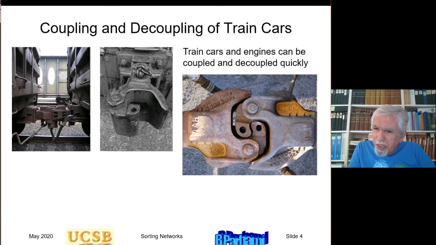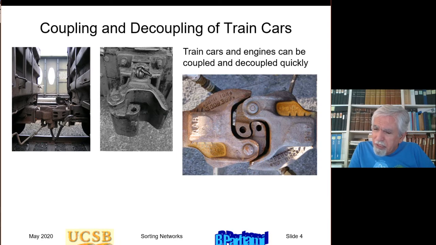So a U-shaped pin can be placed in these two holes. A U-shaped pin will go into these holes so that these two parts will stay in place, and if you pull this car, it will pull with it the other car. Or if this is the engine, it will pull that. So it's very easy to connect the cars to each other and the engine to cars.